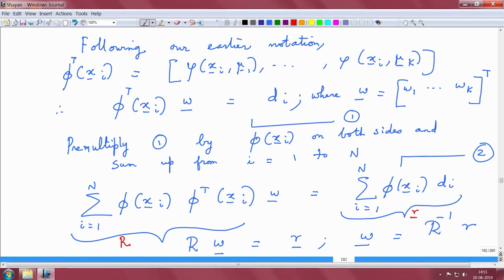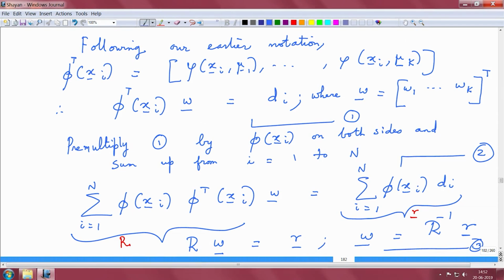Therefore W, this weight vector, is capital R inverse times small r. Now as you can see through this equation, let me call this equation 3, to compute the weight you will need the inverse of this matrix capital R.